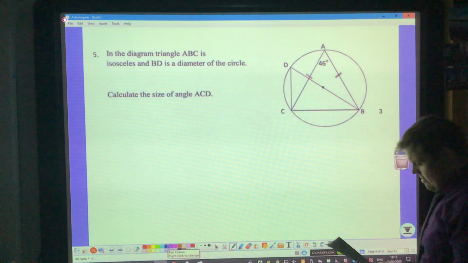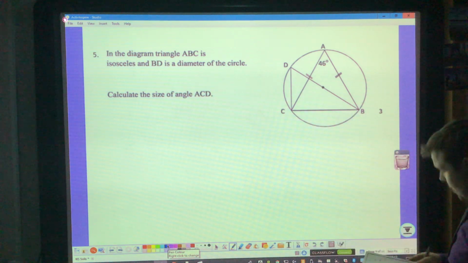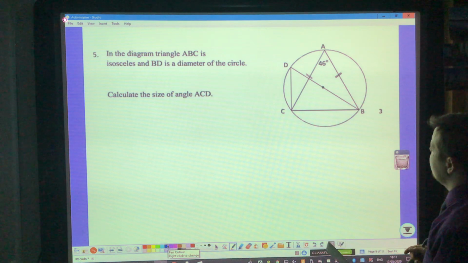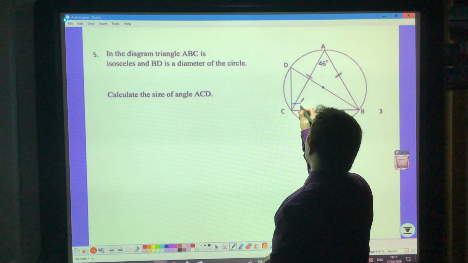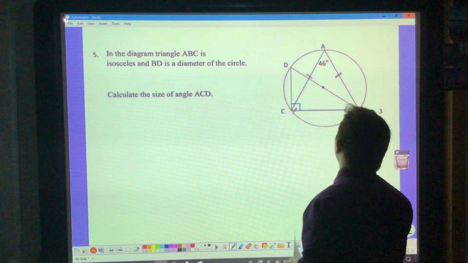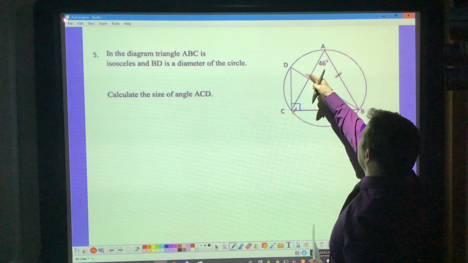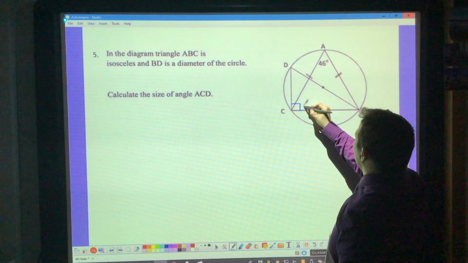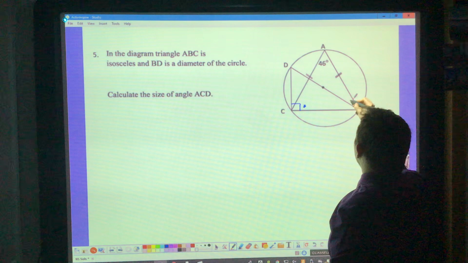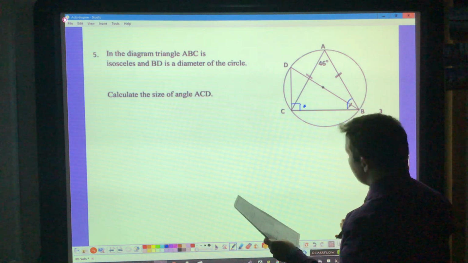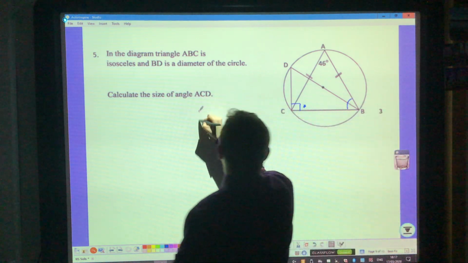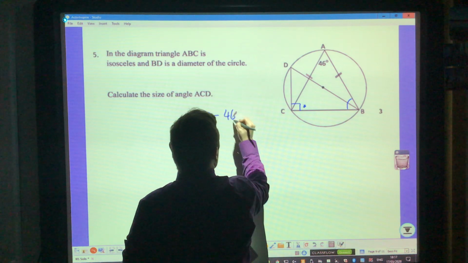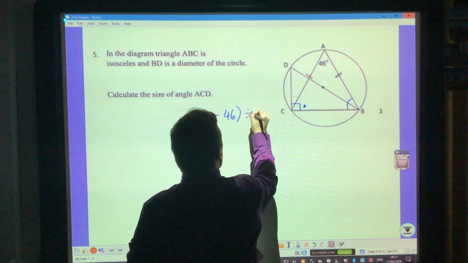Right, this one here, quite a generous few marks. I'm going to point out, well, this is a tangent, so there's a right angle. That's good to know. Well, this is isosceles, so that angle and that angle must be, let's say 180, take away 46, then I'm going to divide it by 2.